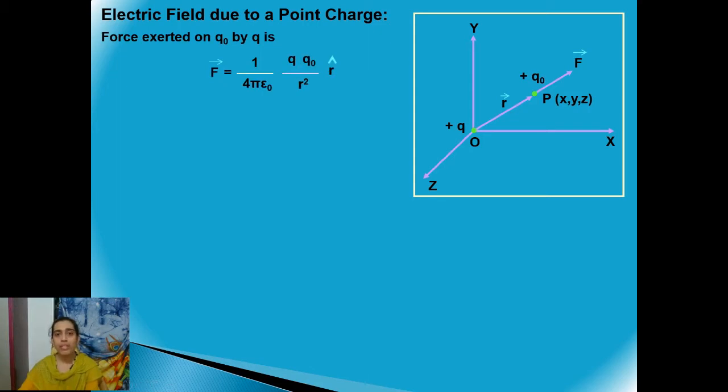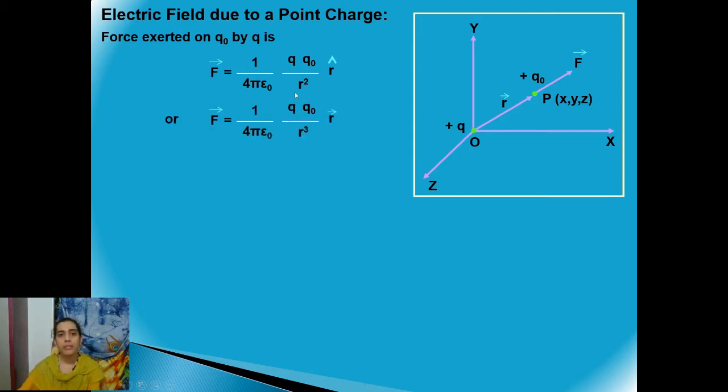Now, the force exerted by this source charge upon this test charge can be given by Coulomb's law, that is vector F equals 1 over 4 pi epsilon naught Q into Q naught divided by R square into R cap, where Q is the magnitude of the source charge, Q naught is the magnitude of the test charge, R is the distance between the source charge and the test charge, and R cap is the unit vector which gives the direction of this force F, right?